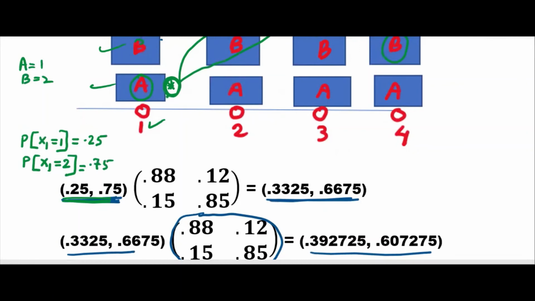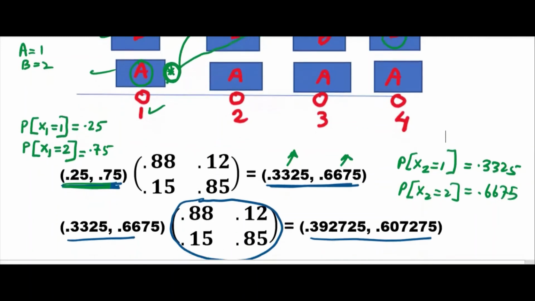75%, 25%, 75% this way. Then these probabilities also you can write, probability x2 is equal to 1, 0.3325.